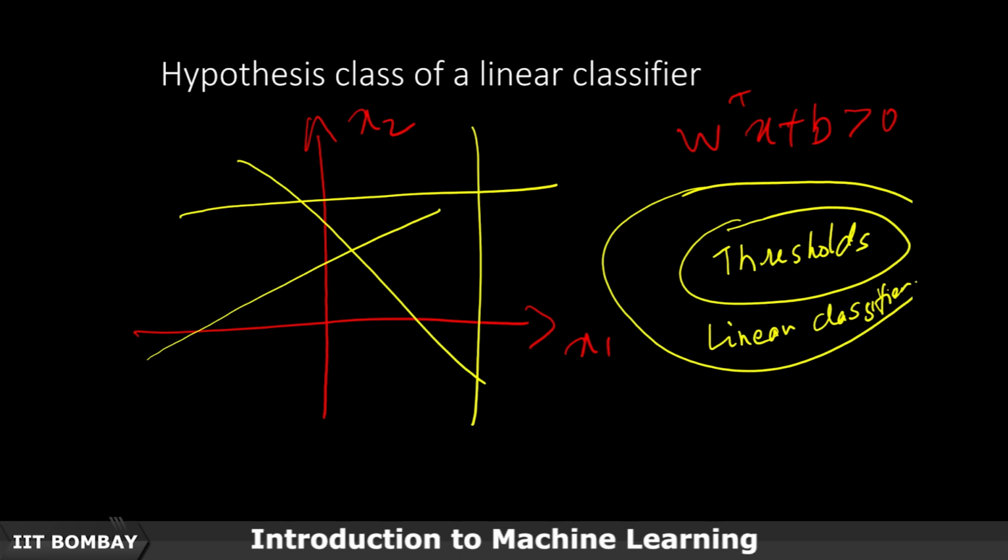Sometimes by giving too much freedom to the model, to the regressor or the classifier, we may get lower training error but poor generalization, which is high validation error. So having a richer hypothesis class is not always good, but we should be aware that sometimes we need richer hypothesis classes, and sometimes we need to restrict the hypothesis classes depending on how we are doing on the validation data, that is, how we are doing on the generalization aspect.